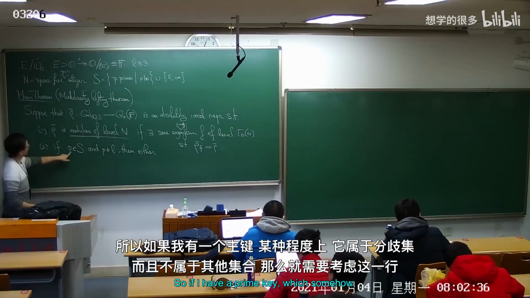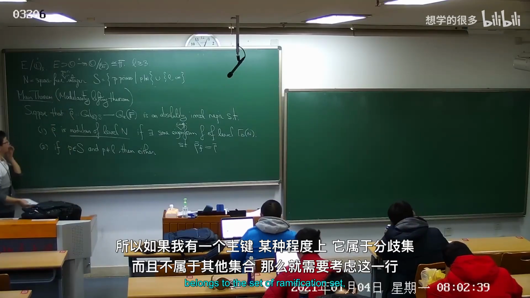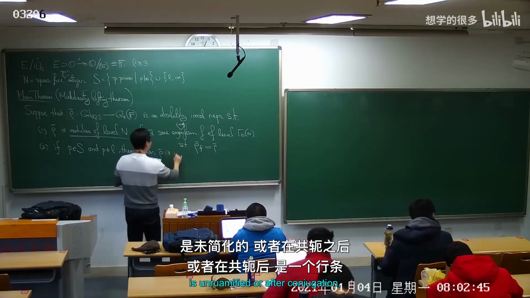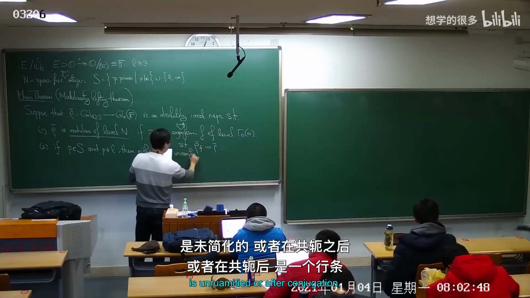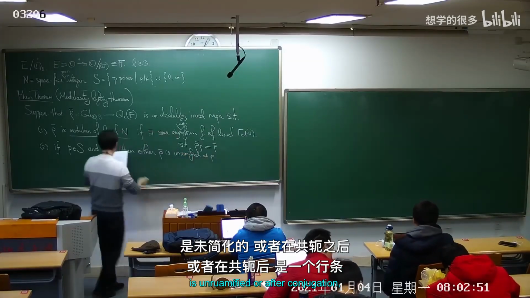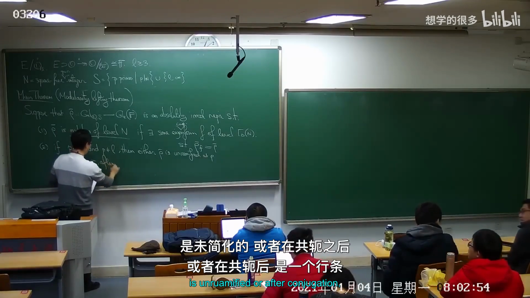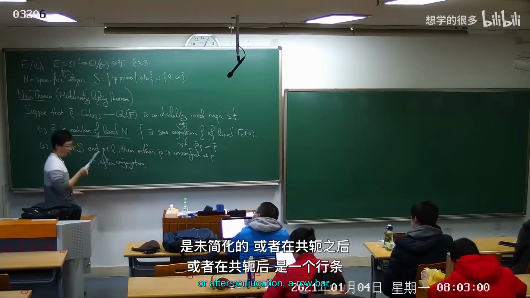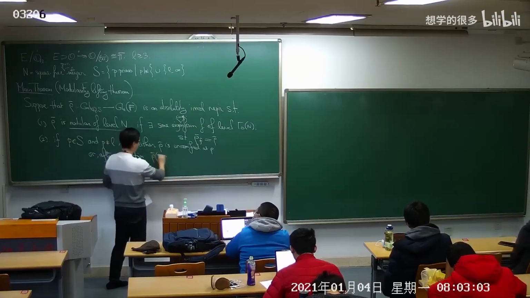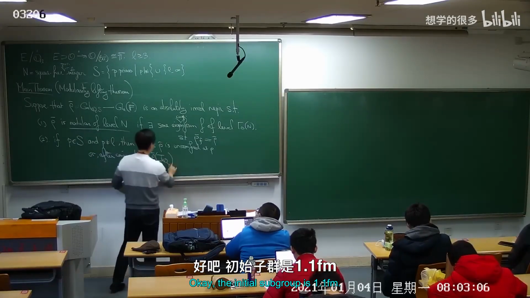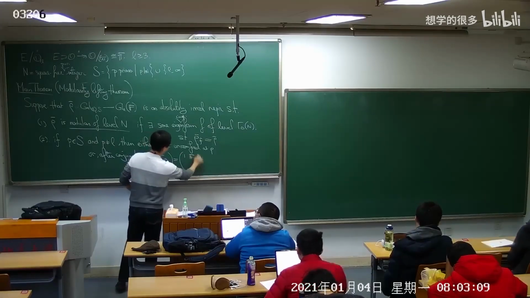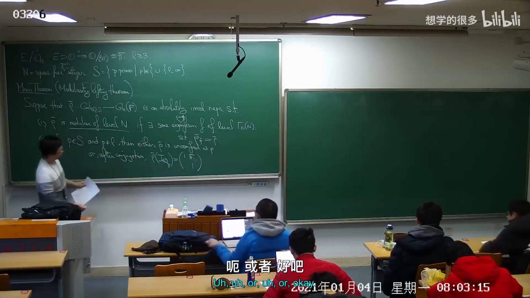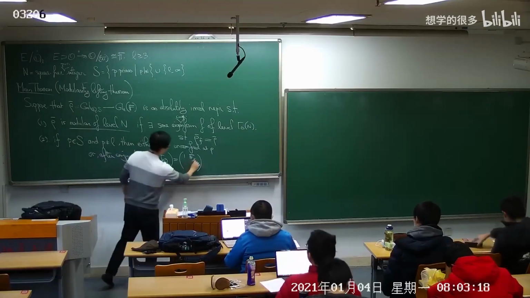So if I have a prime P, which belongs to the set of ramification primes, and not L, then either rho bar is unramified at P, or after conjugation, rho bar of the inertia subgroup is 1, 1 FL.